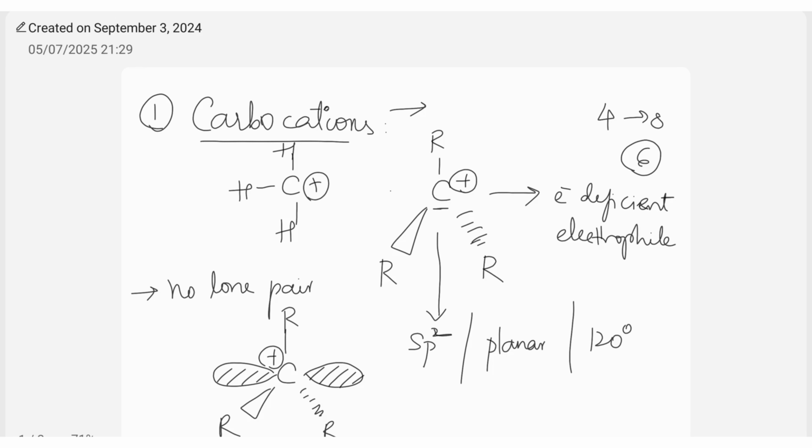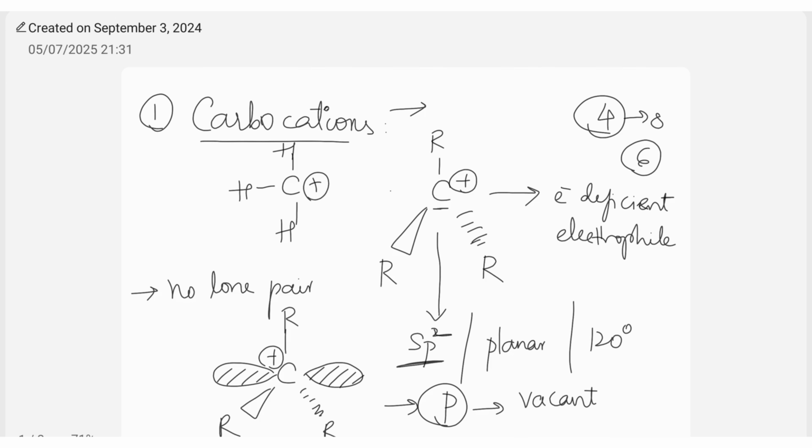So this is the general representation or orbital picture for a carbocation. There is a vacant p orbital. Since it is sp2, carbon has 4 valence orbitals in the valence shell, so only 3 are used. The remaining 1 p orbital is unhybridized and it is vacant. It is not involved in hybridization. So this is the structure of carbocation and its description.